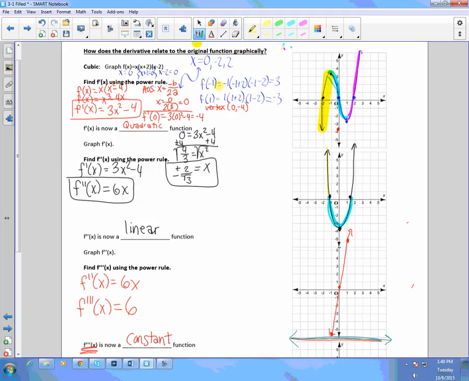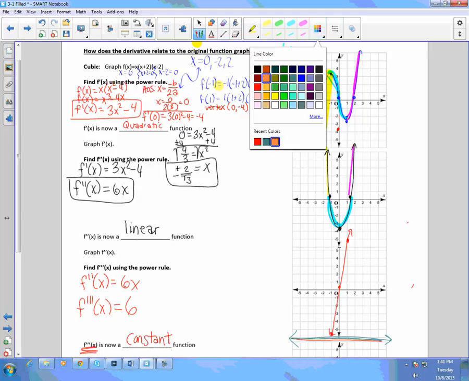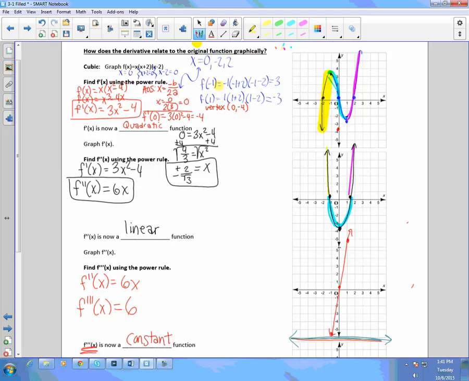Which is a minimum, that starts increasing again at +1. So the derivative should be positive. Also, let's look at something else. These critical points. The maximum of the position function is not a maximum of the derivative. What is it? An x-intercept.